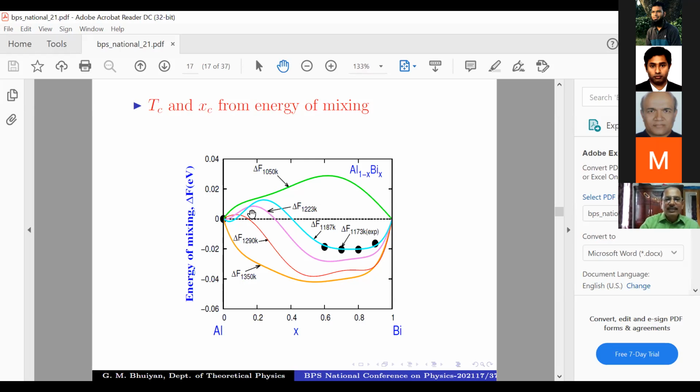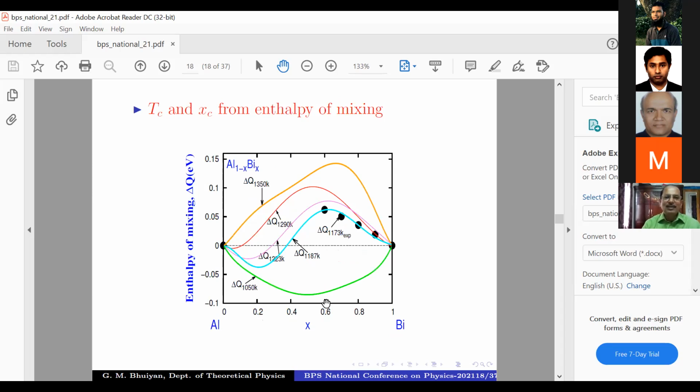The concentration at which it begins is known as the critical concentration, and the temperature at which it begins is known as the critical temperature. And you see the concentration gap increases as the temperature is reduced.